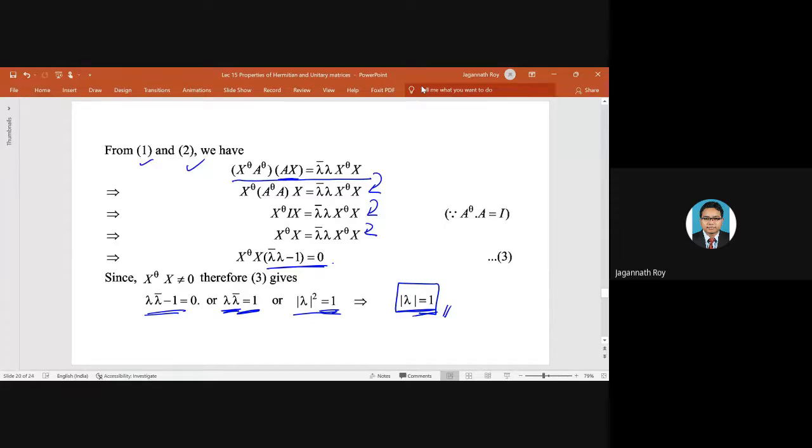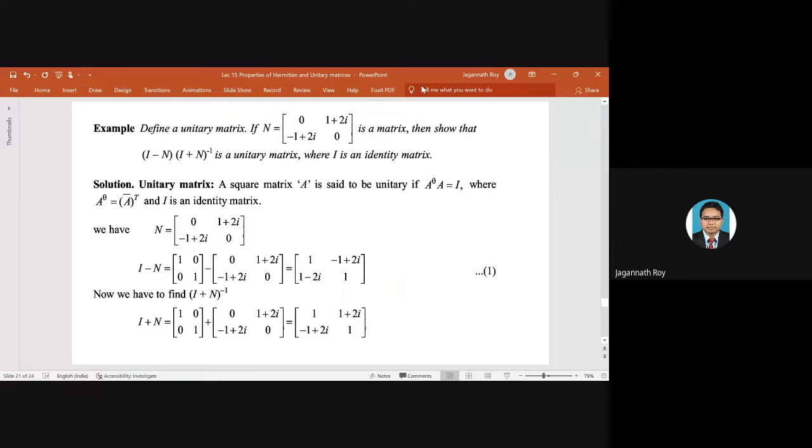Now, if you look into the other problems regarding unitary matrices, the question may be to define a unitary matrix. As we have seen, a unitary matrix can be defined as a square matrix which satisfies this equation.